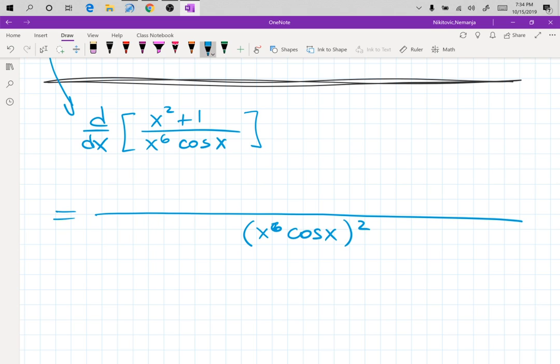Then you copy it here, and you take the derivative of the numerator, which is 2x, minus in the quotient rule. You copy the top, which is x squared plus 1, and now you have to take the derivative of the denominator. Well, that's a product rule. So now copy the first, derivative of the second, plus copy the second, times derivative of the first.